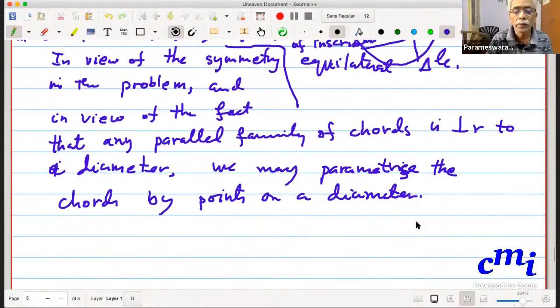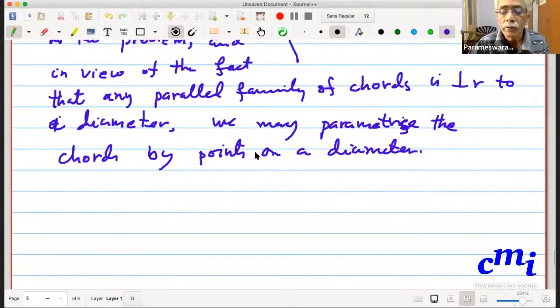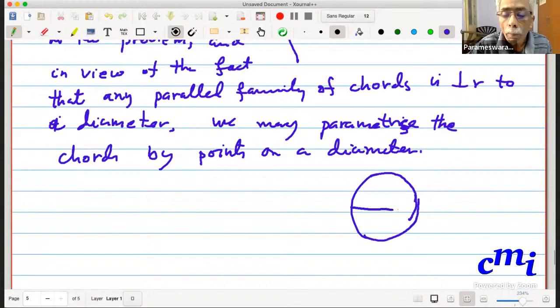So in other words, what we are saying is you just look at a family of parallel chords. Okay. So I draw a picture once again. Now draw a diameter and I only look at chords which are parallel to this, perpendicular to the diameter. So a parallel family of chords.